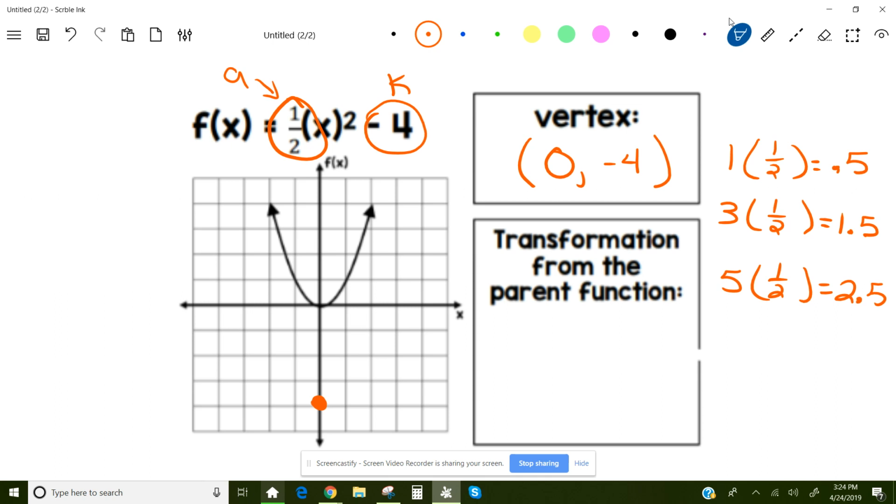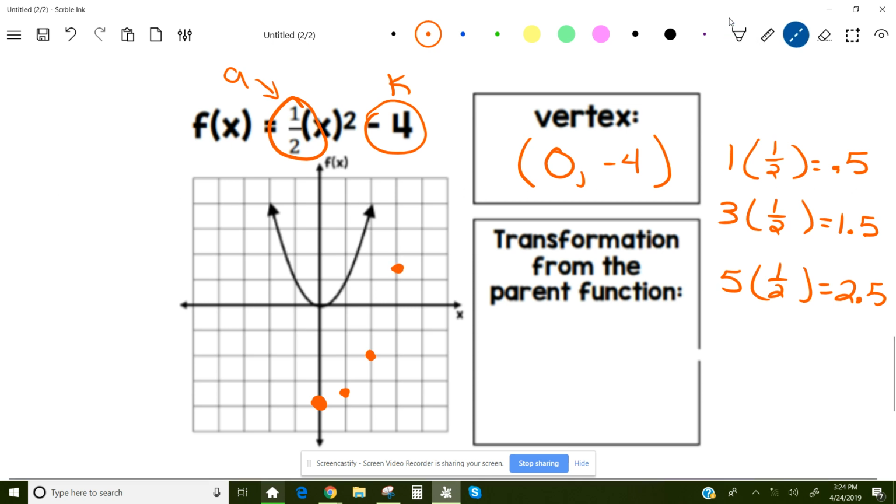All right. So we're starting here. And we're going to go over 1 and up 1/2. So we're not even going to go up the whole way. Then starting from here, we're going to go over 1 and then up 1.5. And then we're going to go over 1 and then we're going to go up 2.5. So that'll put me here.